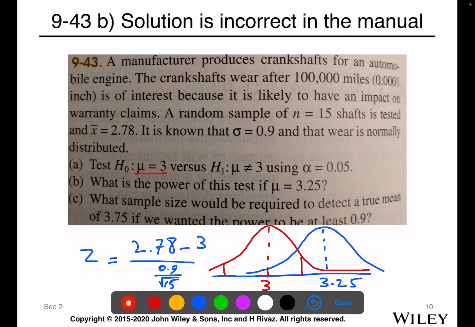And for mu equal to 3, we have a range where we accept mu equal to 3. So if this is 3, and we are between 3 plus minus something, we fail to reject.